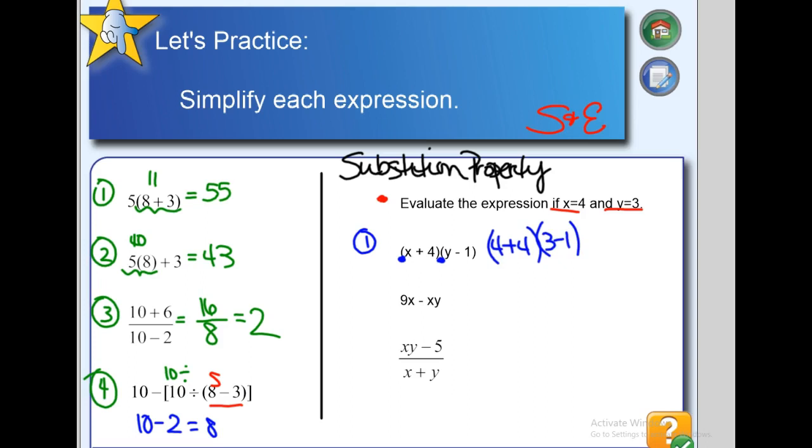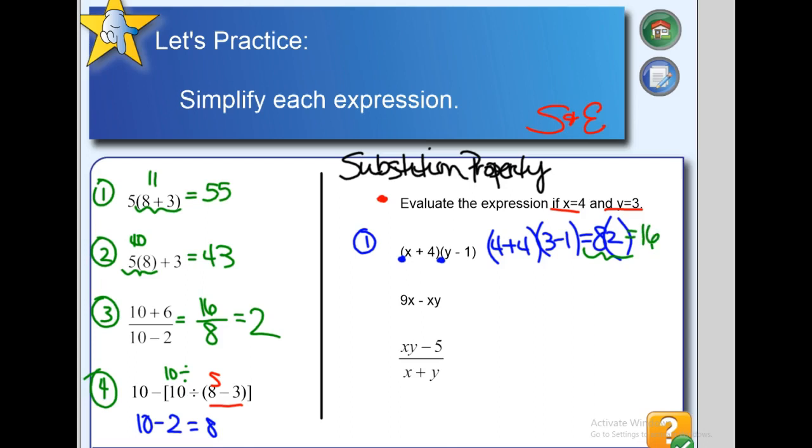Yeah, hey, parentheses, do me first. So we're going to realize here the first parenthesis, 4 plus 4 is 8. The back parenthesis is 3 minus 1, which is 2. And now, if these two guys, if 8 is written right beside 2, what operation are we doing? Yeah, we're multiplying. 8 times 2 is 16.